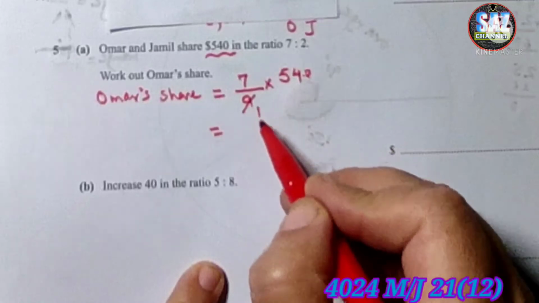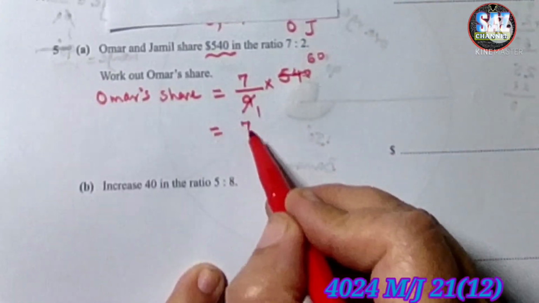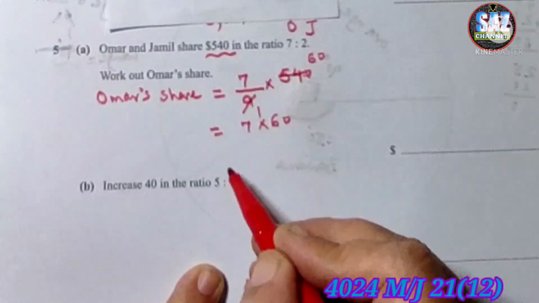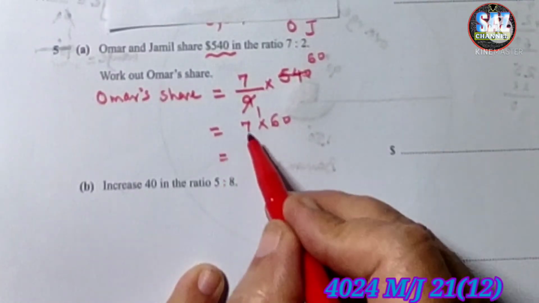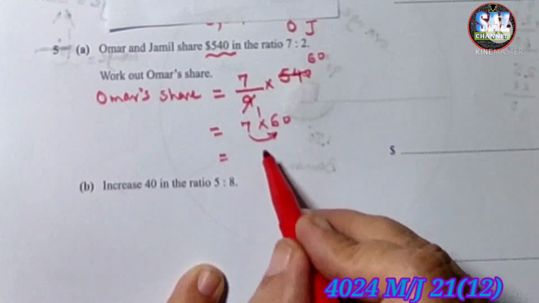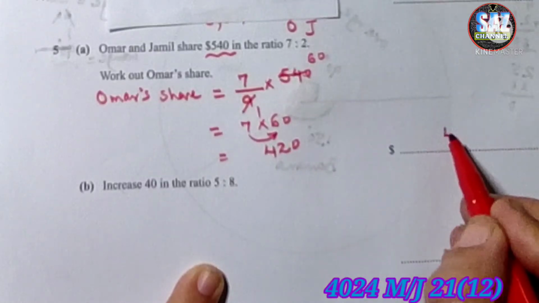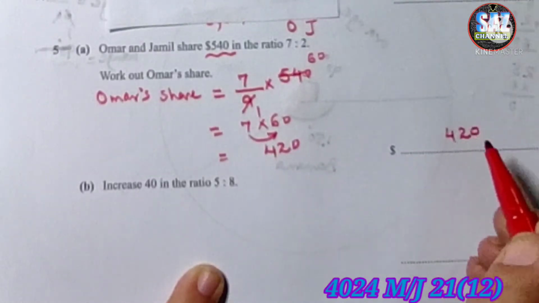In the table of 9, 9 ones are 9, 9 sixes are 54, so I will have 7 multiplied by 60. For some time, forget about the 0. Read the table of 7, 6 sevens are 42, so 420. So Umar's share is $420.